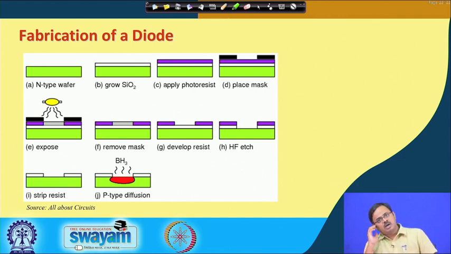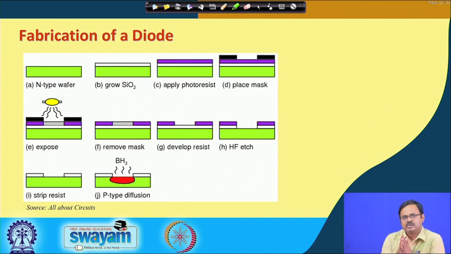Okay. So, thereafter what we do is we diffuse a p type dopant, boron, into this. So, we diffuse boron into the N type semiconductor.